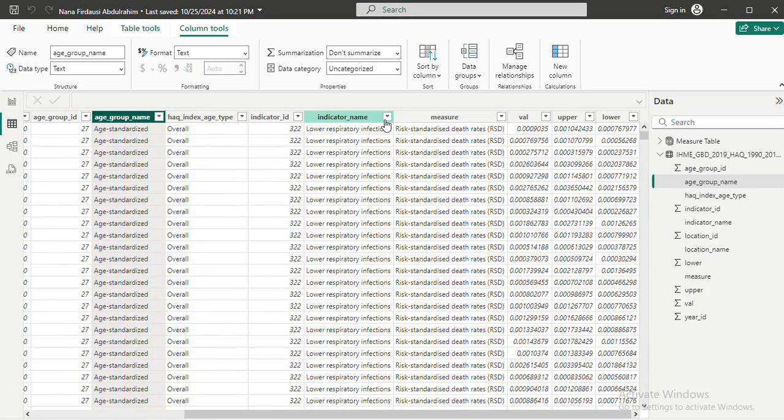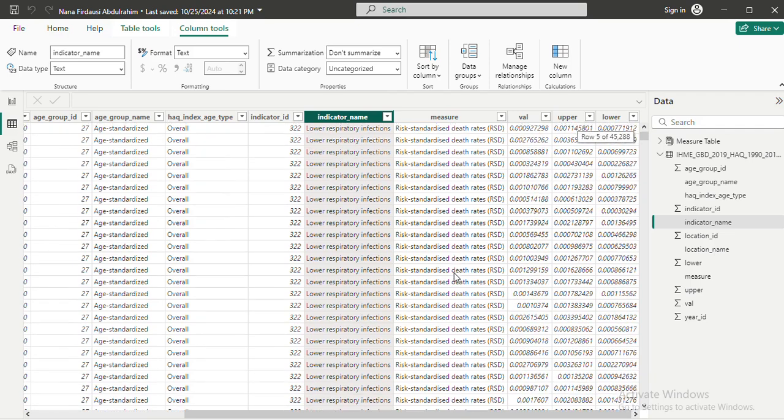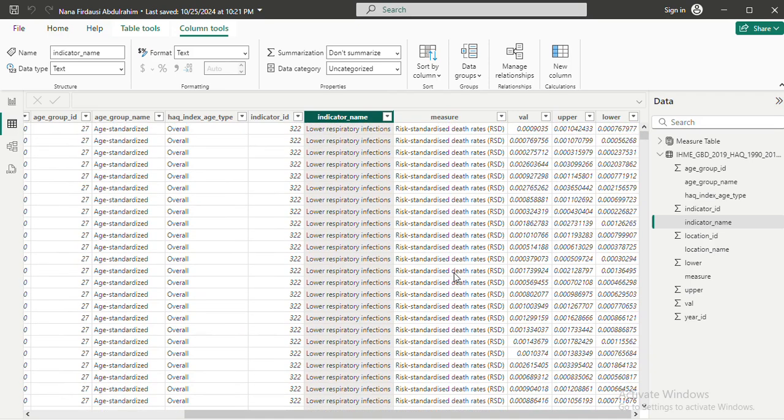The indicator name contains the diseases, and then the measures, which are the mortality rate, the risk standardized rate, and the HAQ index. And then the value, the upper and lower.